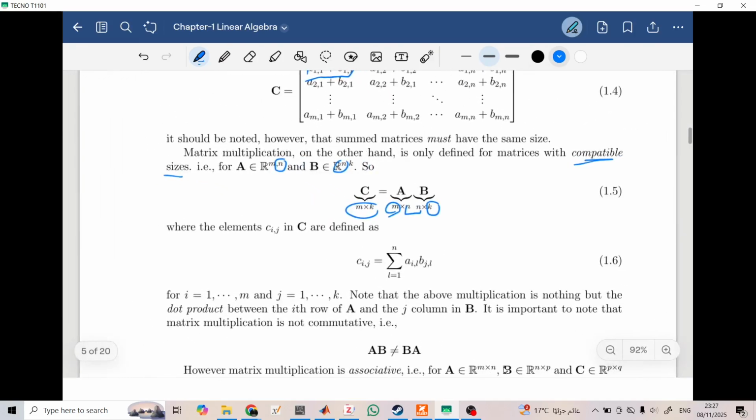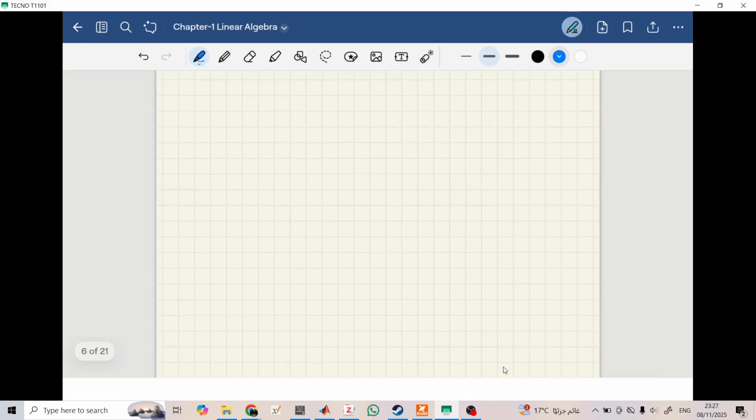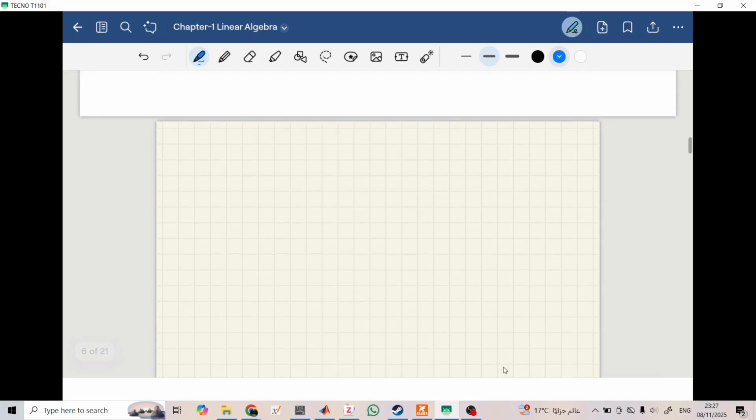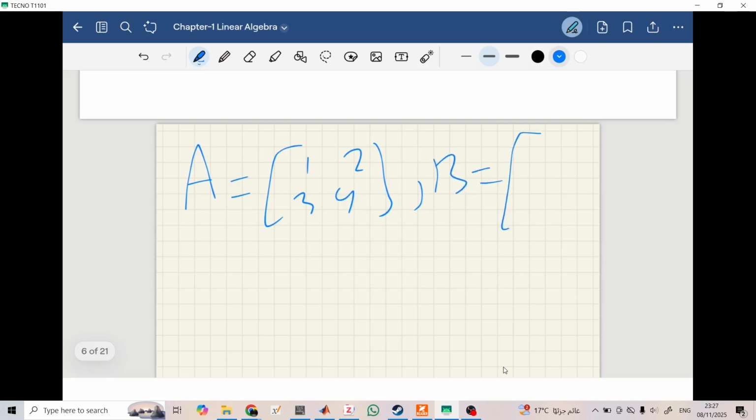The way that we multiply matrices is quite simple. We've seen it before. Just let us have another example. Let's say that we have two matrices, A equals 1 2 3 4, and B equals, let's say, 5 6 7 8 9 10.